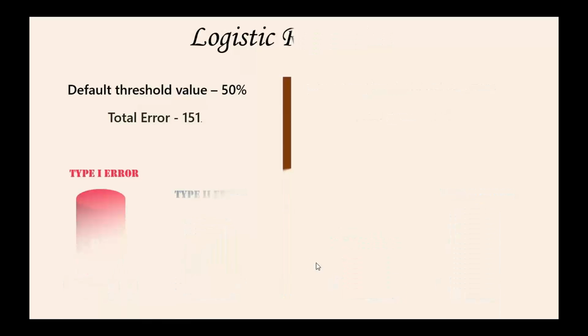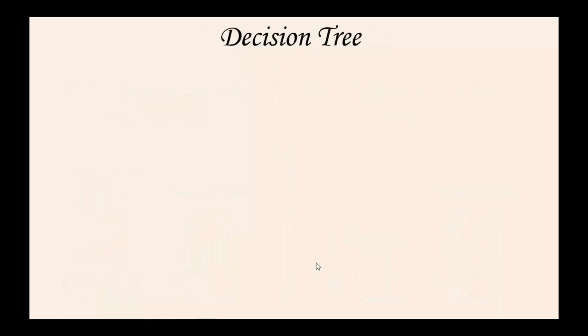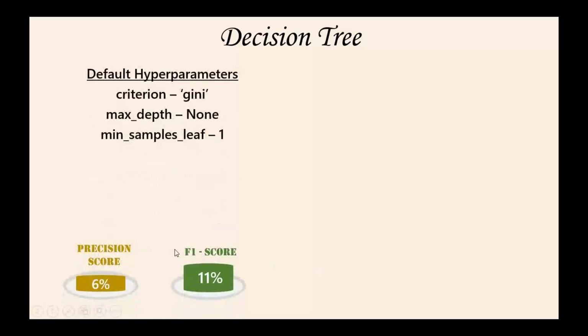To further improve on this, we decided to go with the decision tree, which we implemented with the default hyperparameters: criterion, which selects the variable on the basis of how to split; maximum depth; and minimum samples leaf.